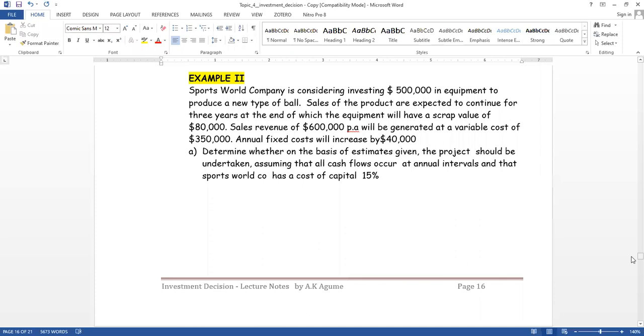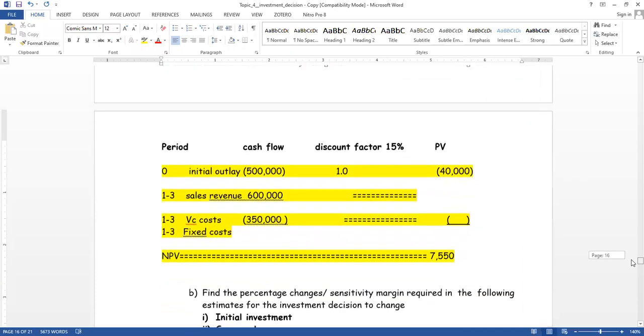Fixed cost is given as 40,000. And it is also an outflow. So you also look for the 3-year annuity discount factor at 15%. Multiply it with the cash flow, get the PV. And here it is also an outflow.